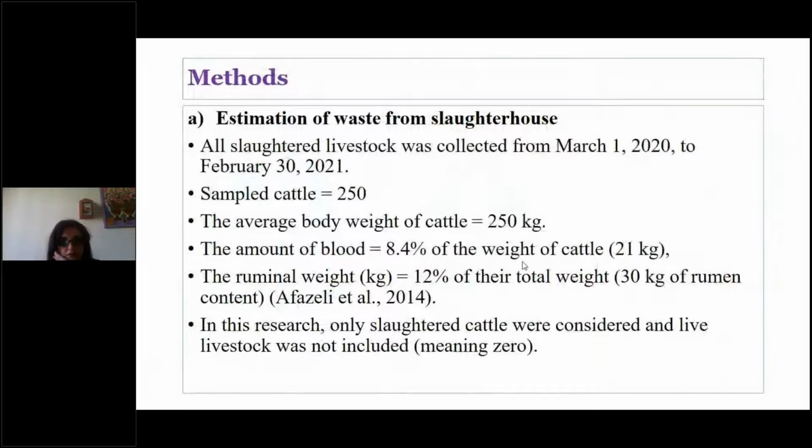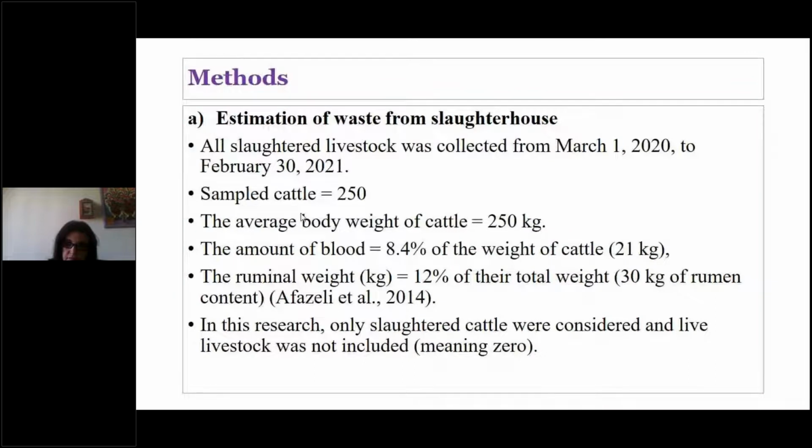Proceeding to the methods, in order to achieve the proposed objectives, the first one is estimation of waste from the slaughterhouses. The data were collected from March 1, 2020 to February 2021. In order to determine the average weight of the cattle, the amount of blood waste generated from them, and the amount of ruminal content waste generated from the slaughtered cattle, we sampled 250 cattle.